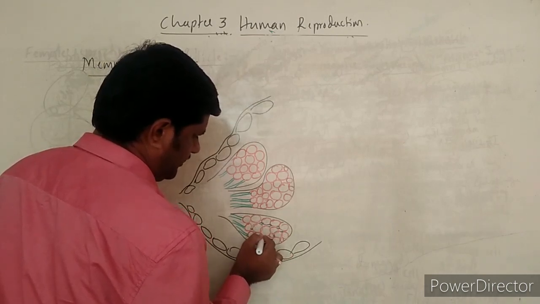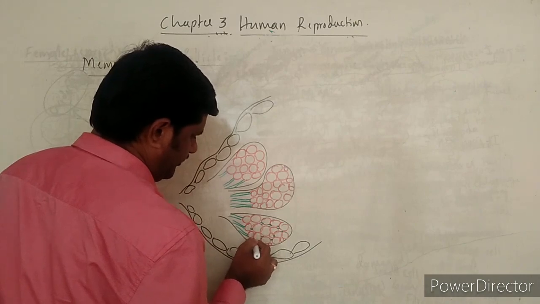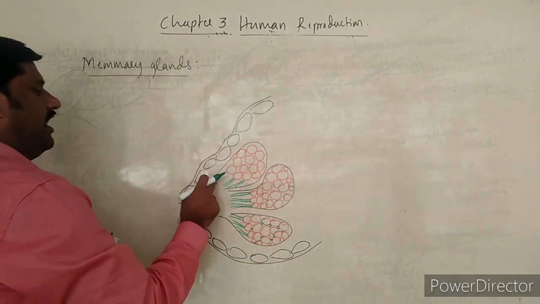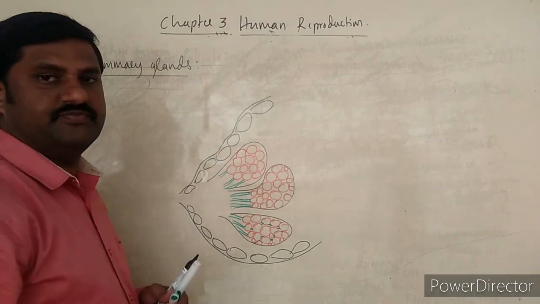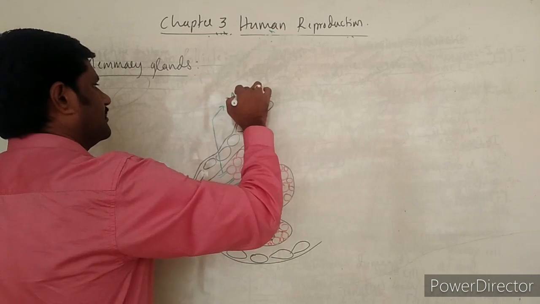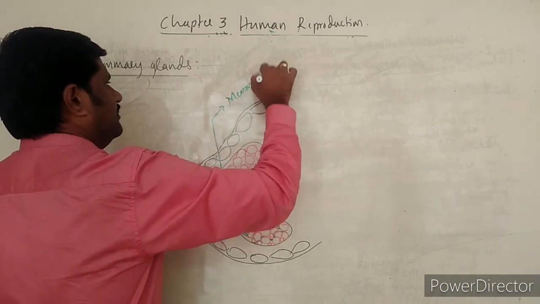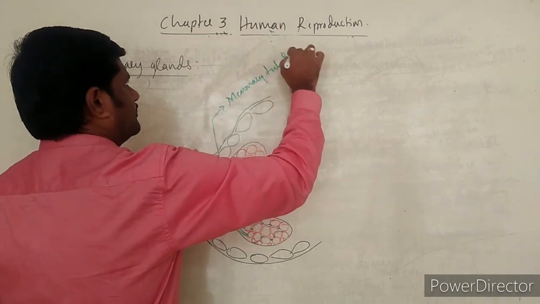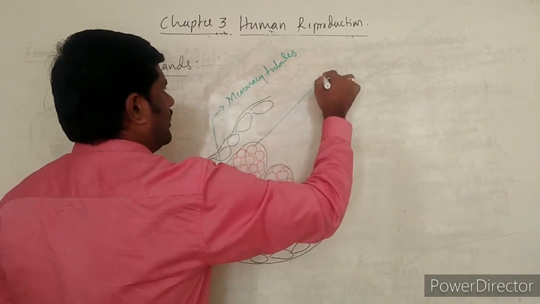You can imagine there are many tubules here, and these tubules are called mammary tubules.